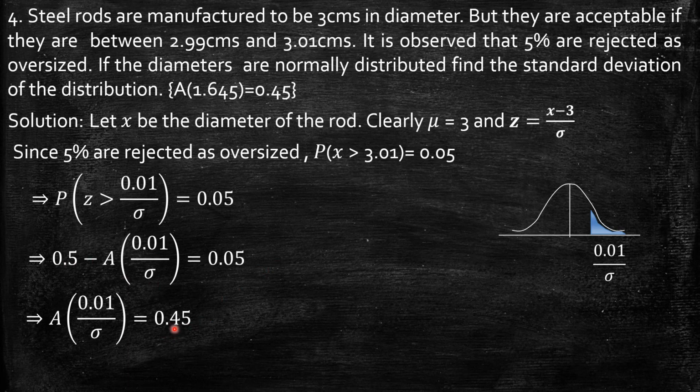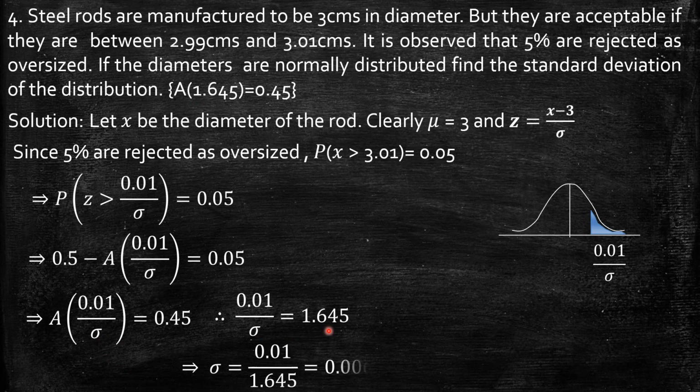This 0.45 is the area of 1.645, which is already given by the data: A of 1.645. So 0.01 by sigma is equal to 1.645. That means sigma is 0.01 divided by 1.645, which is 0.00608. So this is the standard deviation of the given distribution.